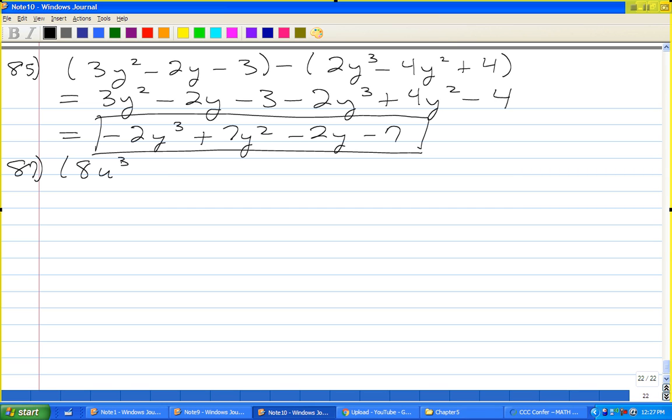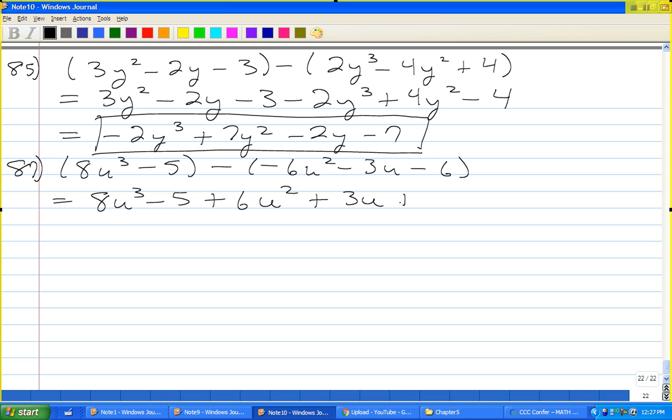Eight u cubed minus 5 minus negative 6 u squared minus 3u minus 6. So 8u cubed minus 5. Change all the signs inside the parentheses. So plus 6u squared plus 3u plus 6.